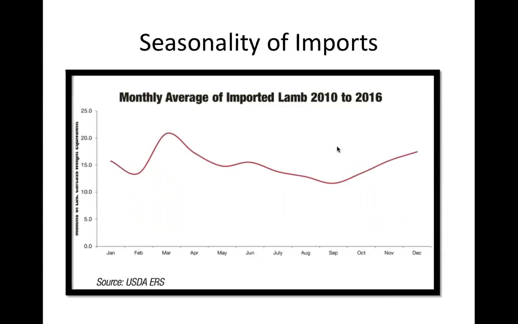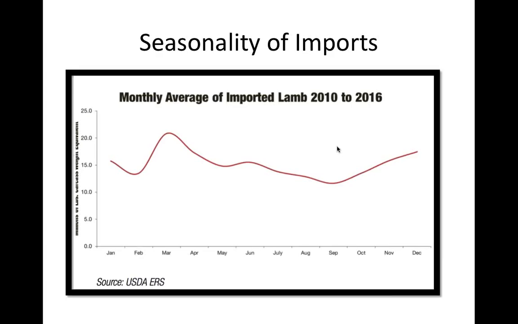However, whenever you look at the monthly average amount of imported lamb that's brought into the United States, you do see a peak, and that peak is in March, and it slides all the way down, and the lowest is in September.